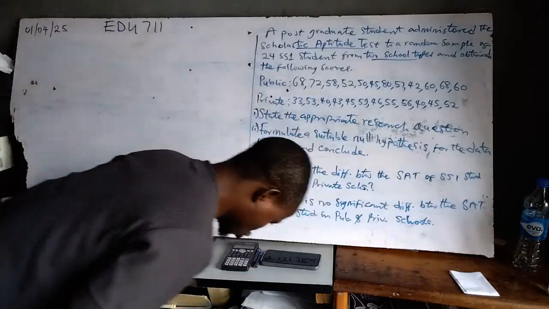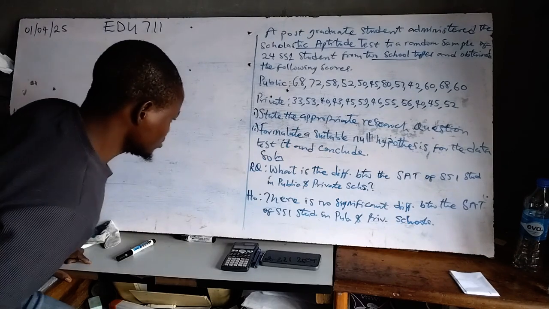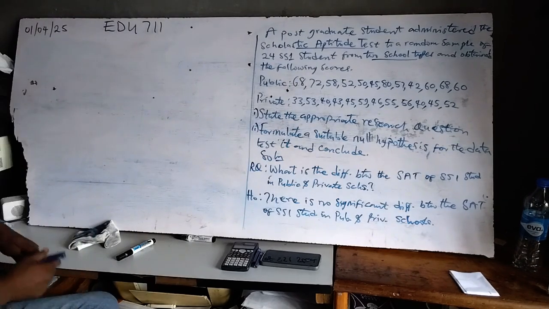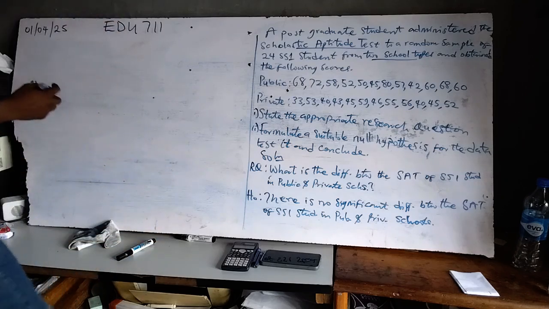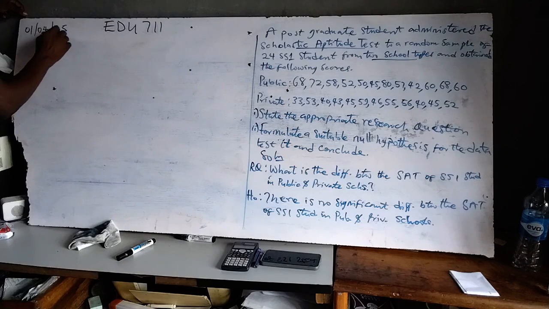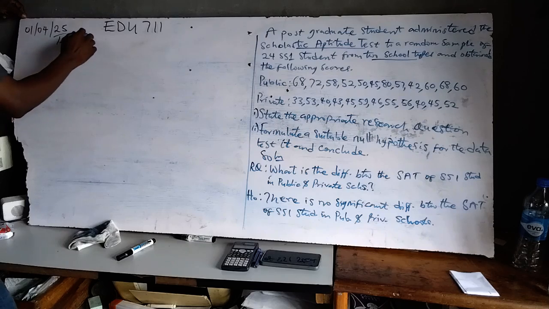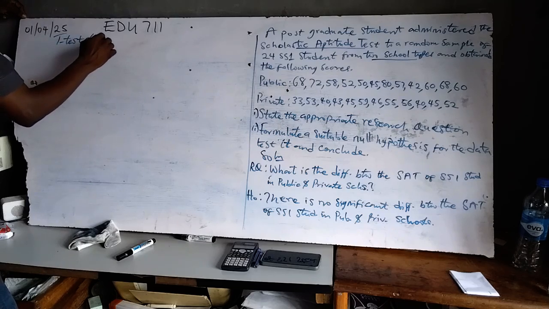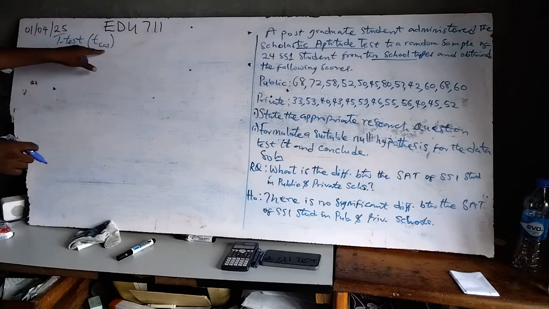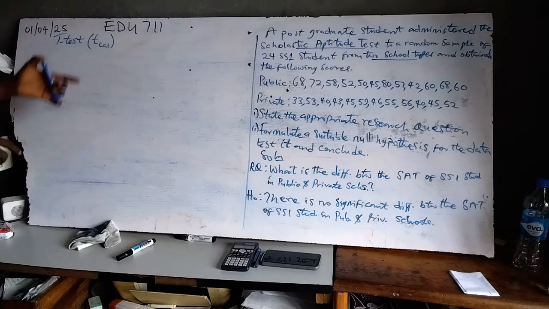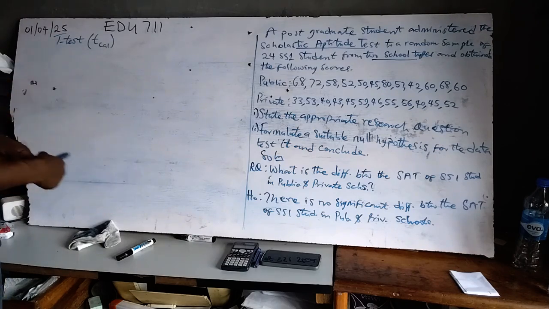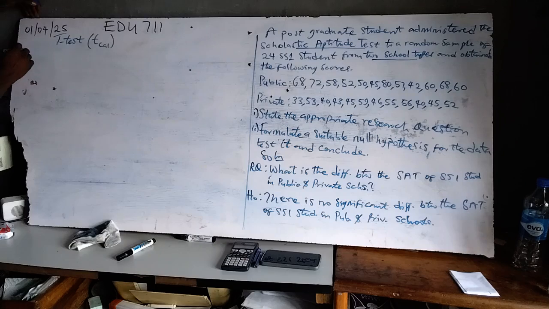So now, to have our t-test formula, we represent it with t-cal, meaning t calculated, because whatever we calculate here, we are still going to get the critical value from the critical table. So this is t-cal.